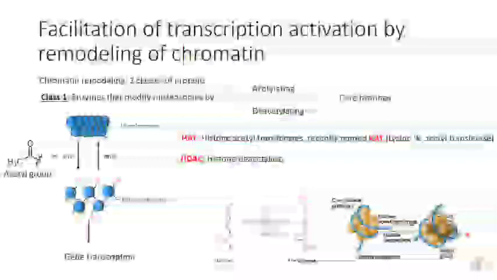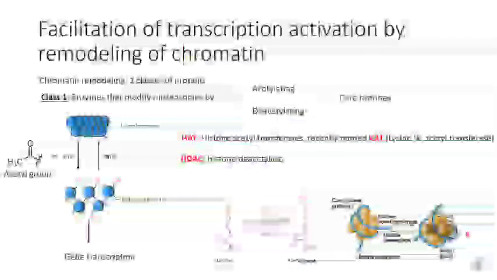With increasing acetylation, the positively charged histones slowly lose affinity for the negatively charged DNA. The 30 nanometer chromatin fiber loses histone H1 and changes conformation to a 10 nanometer chromatin fiber.